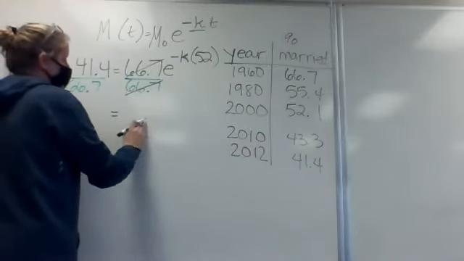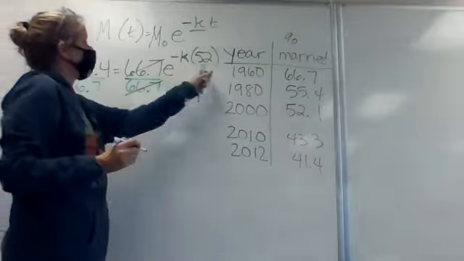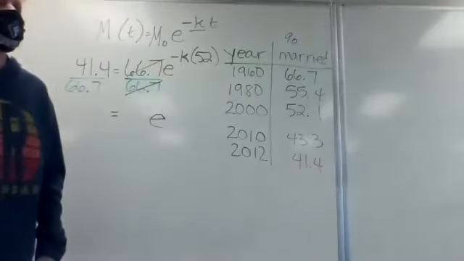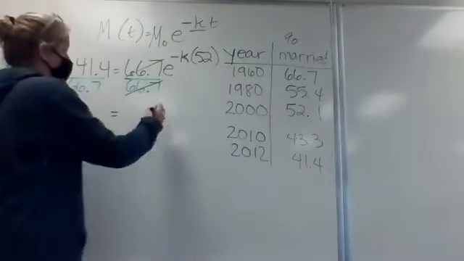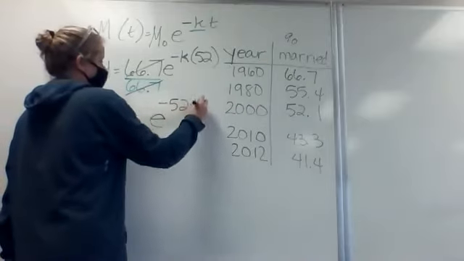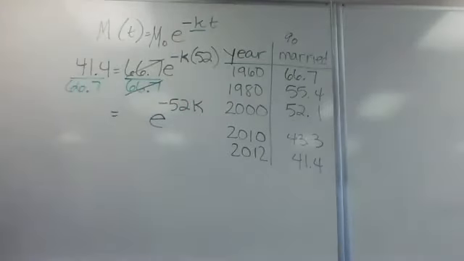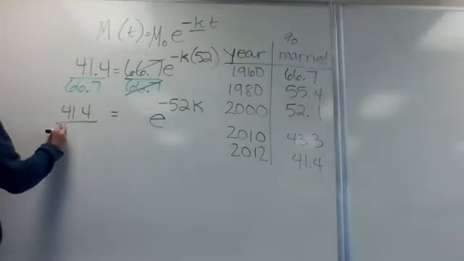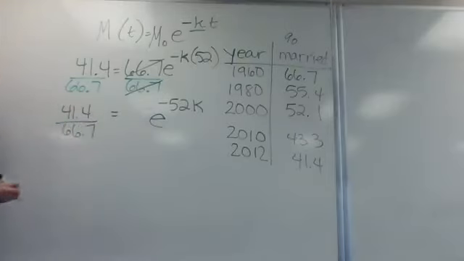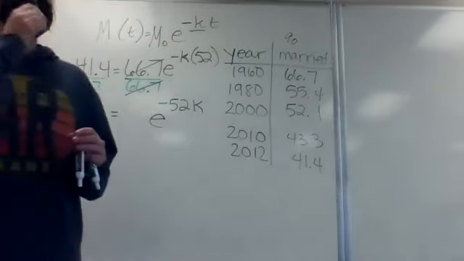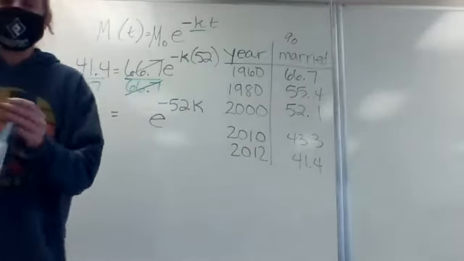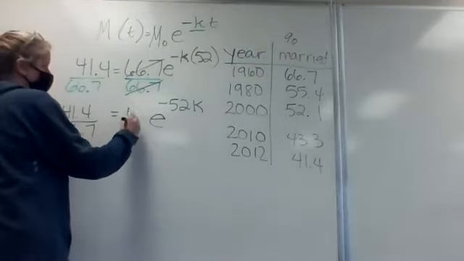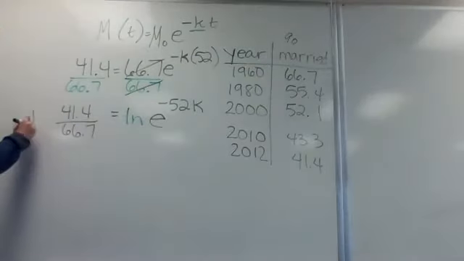So now I have E. Now instead of writing this negative K times 52, I'm just going to write it as negative 52K. It doesn't really matter. Over here, I've got 41.4 over 66.7. Now I need to get the K out of the exponent, which means I need to ln both sides.